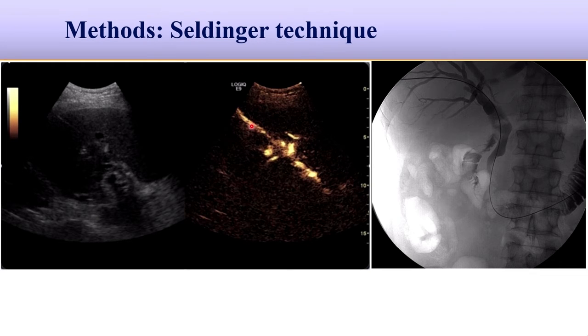The Seldinger technique was used to perform PTCD. After a needle or catheter was inserted into the bile duct, we injected contrast agents to show the bile duct. And we also performed X-ray with X-ray contrast agents to see the bile duct and to see the guidewire.